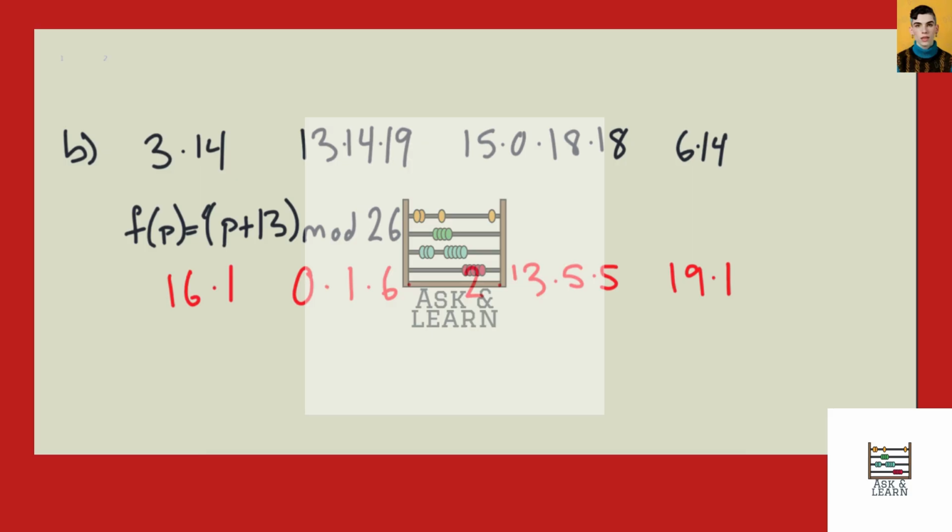Okay, and then we translate this back using the alphabet, and when we do that, it's going to end up as Q, B, A, B, G, C, N, F, F, T, and B.